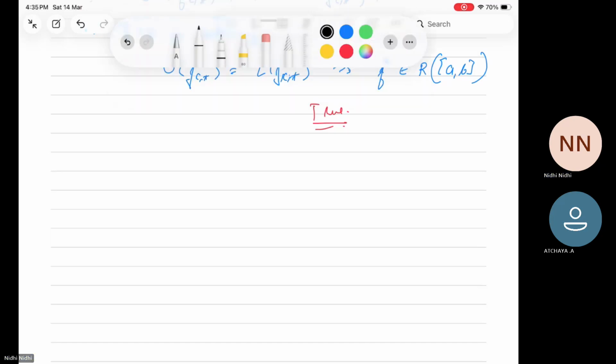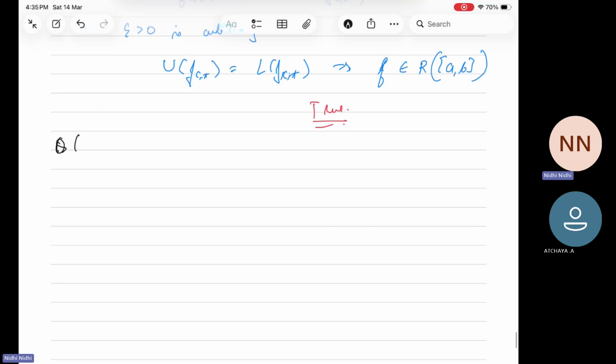Next, question number 6. Again, state whether true or false.